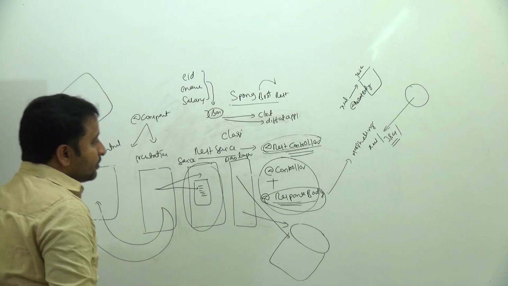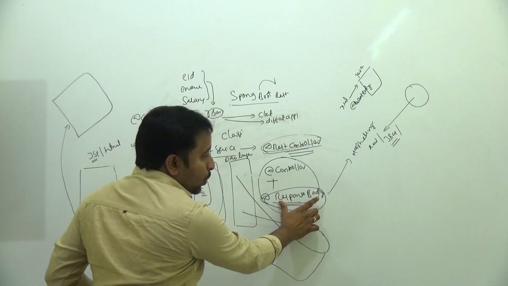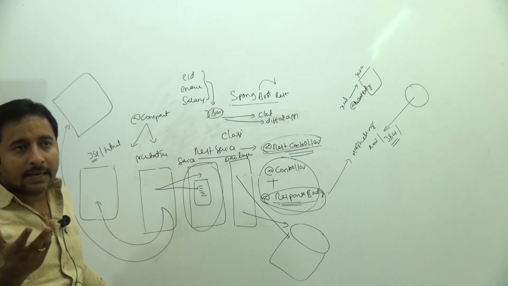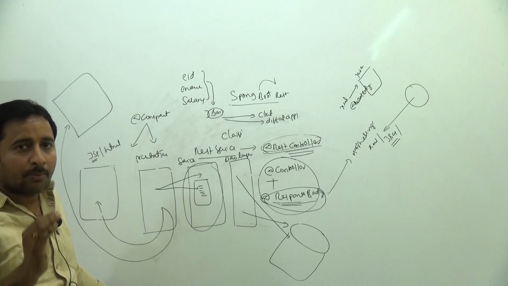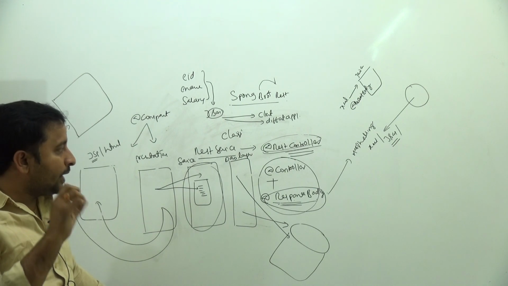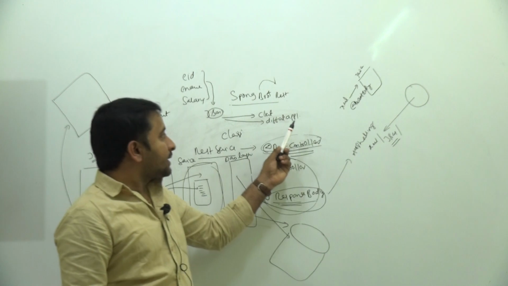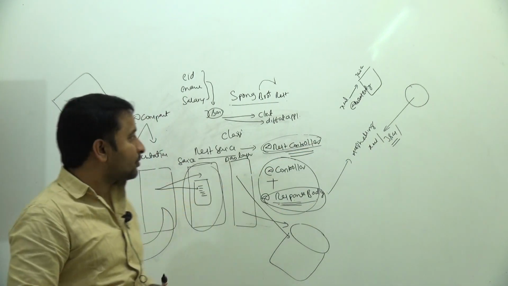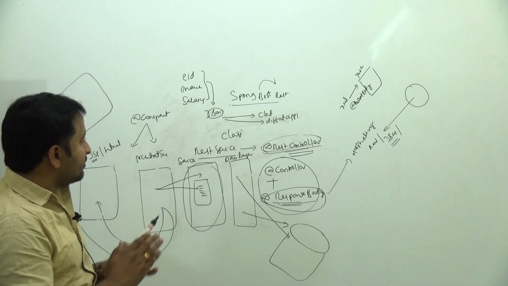How is it possible? Because of these annotations. Who takes care of converting XML format into an object, or an object into XML format? These two annotations: the @RequestBody annotation and the @ResponseBody annotation.